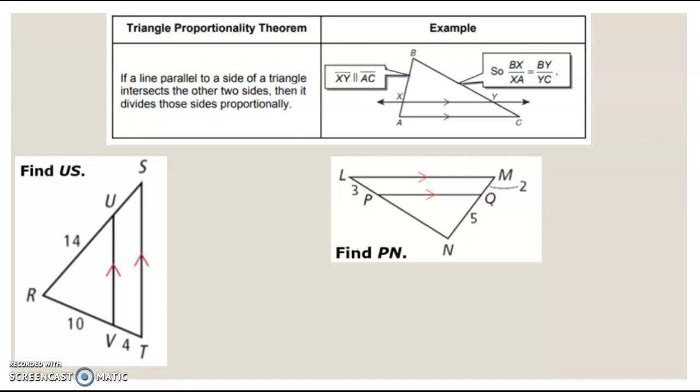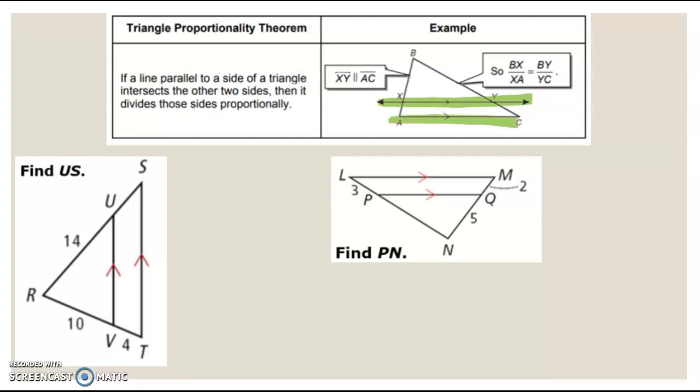So the first property we're going to be looking at is the triangle proportionality theorem, which states if a line parallel to a side of a triangle intersects the other two sides, then it divides those sides proportionally. If I'm looking at this picture over on the right-hand side, I have two parallel lines, right? This line is parallel to the base.